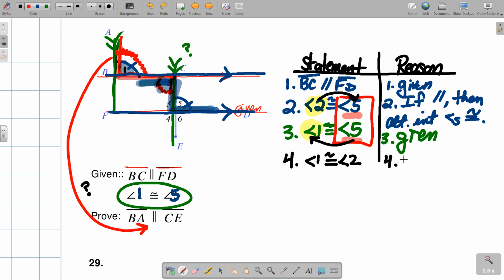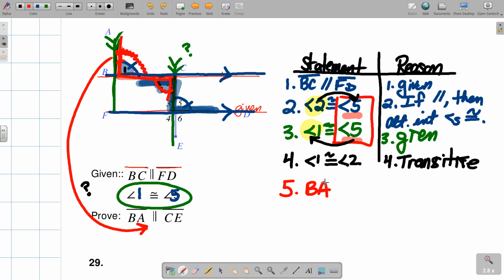That's called the transitive property. Last but not least, since angles 1 and 2 are congruent now, I can say that these two lines that I want are parallel.